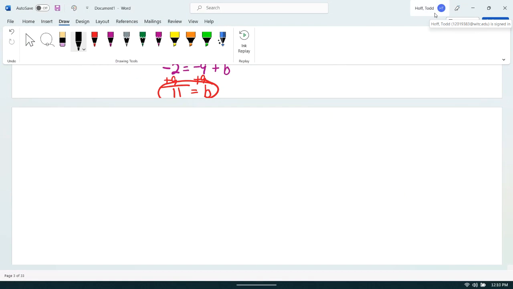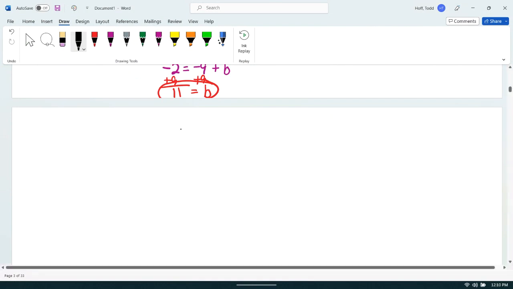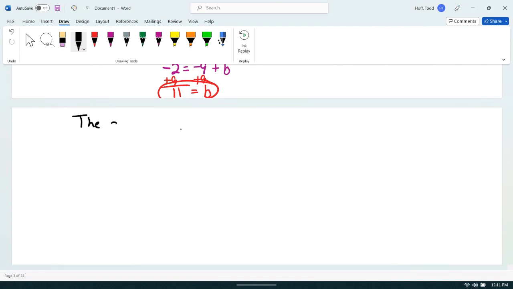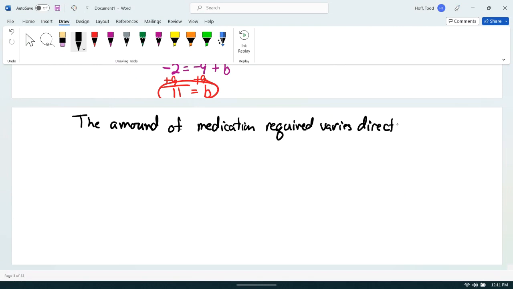To review some of the variation type problems that we looked at last class, since we had a few people gone. So let's look at a problem like: the amount of medication required varies directly with the patient's body surface area.